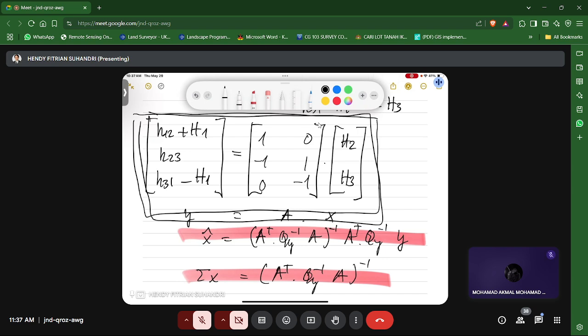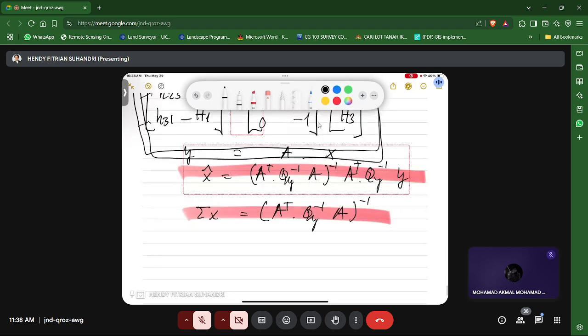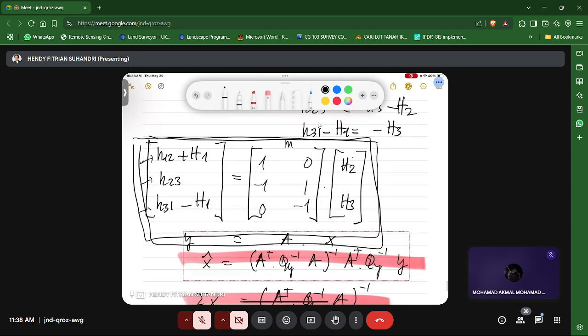Andaikan yang kita ketahui itu adalah sigma H2 dan H3, yang kita nak cari itu adalah sigma untuk masing-masing beza tinggi, kita tak tahu. Padahal kalau dalam kenyataannya yang kita ketahui adalah sigma untuk masing-masing beza tinggi. Anggaplah macam ni. So apa yang saya lakukan? Kerana persamaan ni adalah suatu persamaan yang linear, M, S. So saya boleh teruskan K sama dengan M times sigma S M transpose, di mana M dia adalah ni.